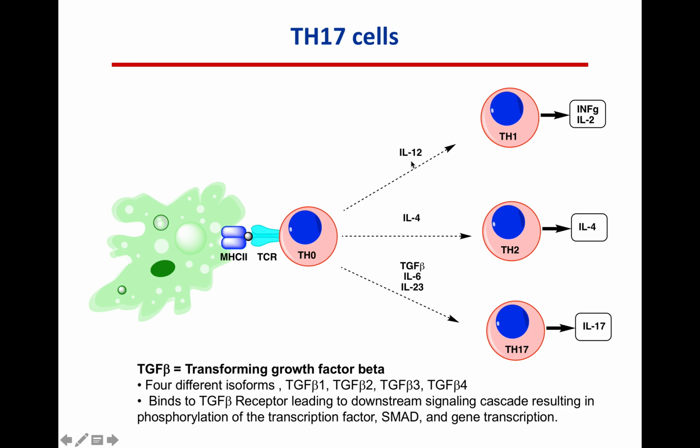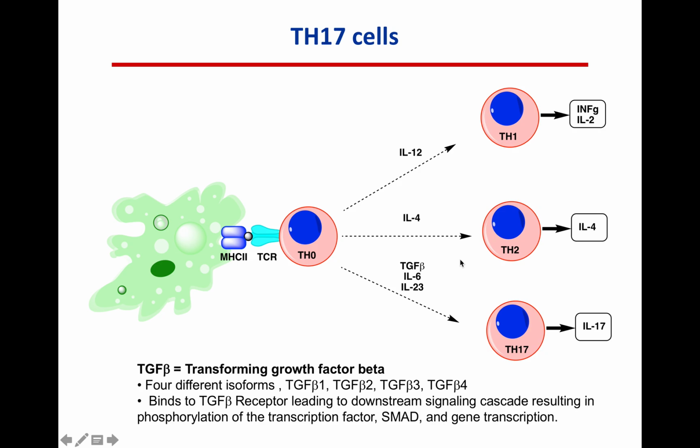If it's in the presence of IL-12, now these are due to the microenvironments, how the antigen processing cells are, what's happening there, then you'll get Th1 cells, and they'll produce interferon gamma and IL-2, and this is your CMI response.